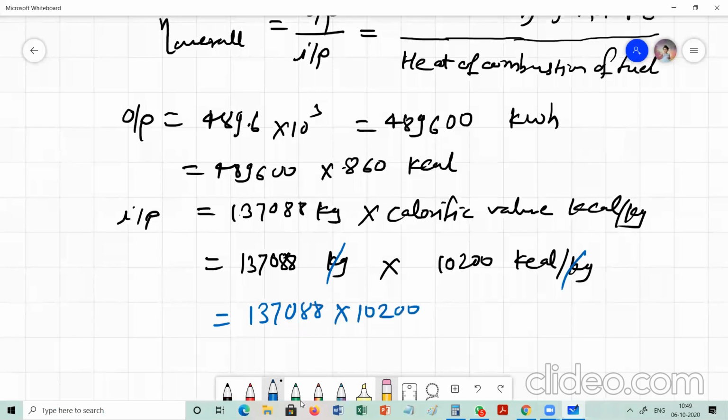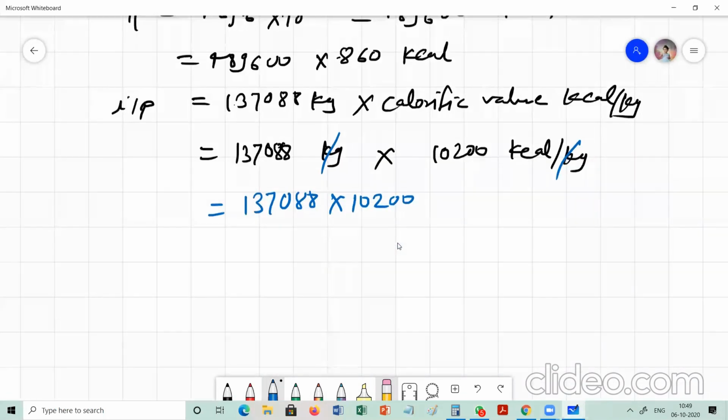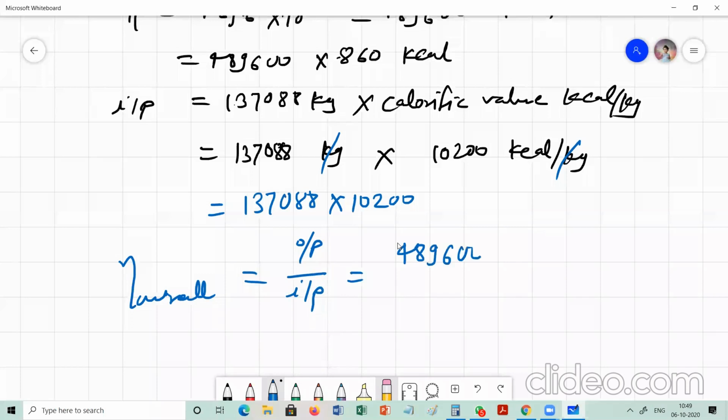Okay, so now we can calculate overall efficiency. Eta overall will be equal to output by input. Output is equal to 489,600 into 860, divided by input, which is 137,088 into 10,200.